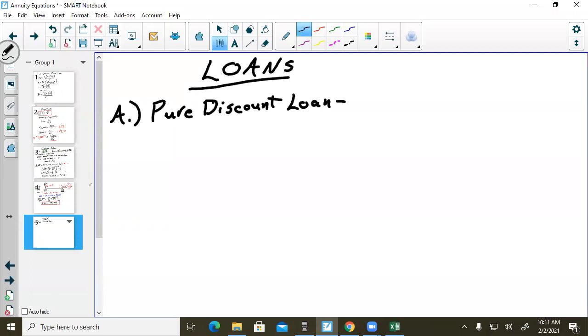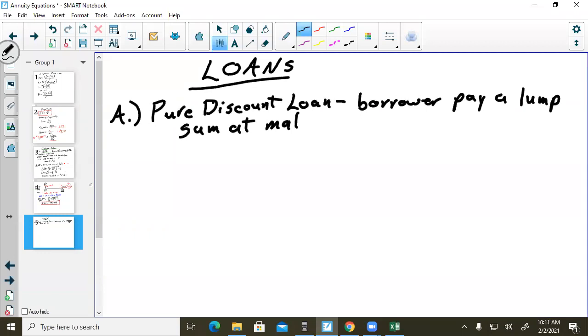This is where the borrower pays a lump sum at maturity. An example of this is the EE savings bonds that we talked about in chapter 5.